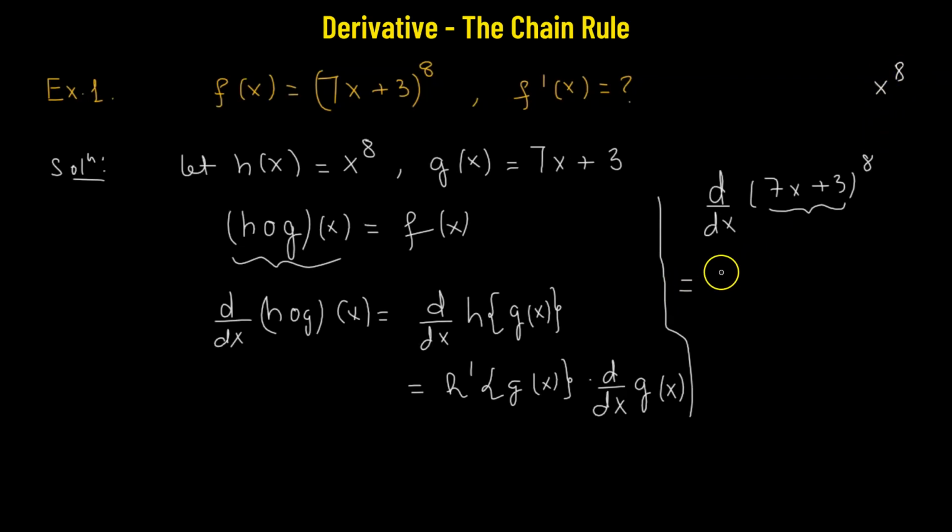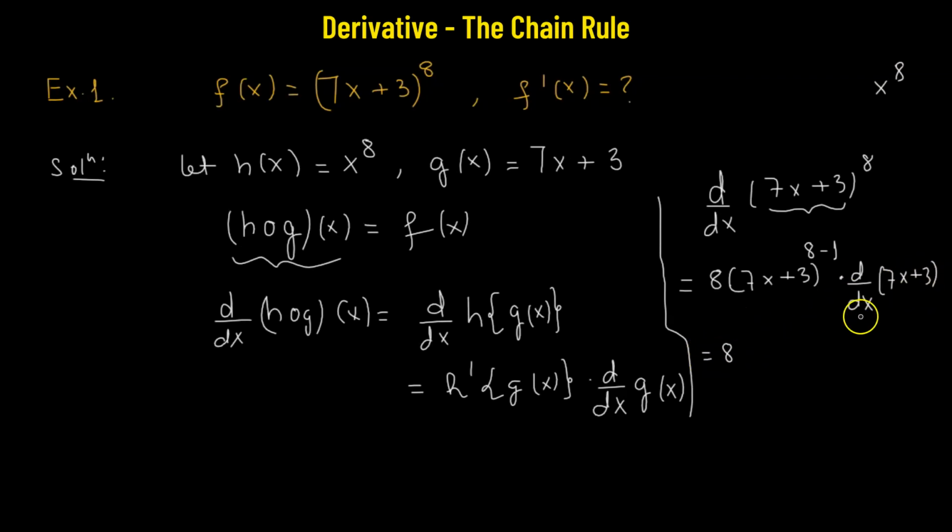That will be 8 times (7x plus 3) raised to the power of 8 minus 1, multiplied by, now this was only our assumption, this is not exactly x, it is 7x plus 3. So we apply the chain rule, which means multiply it by the derivative of 7x plus 3.